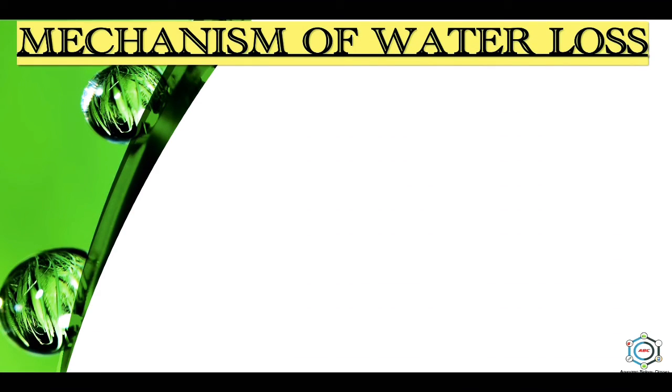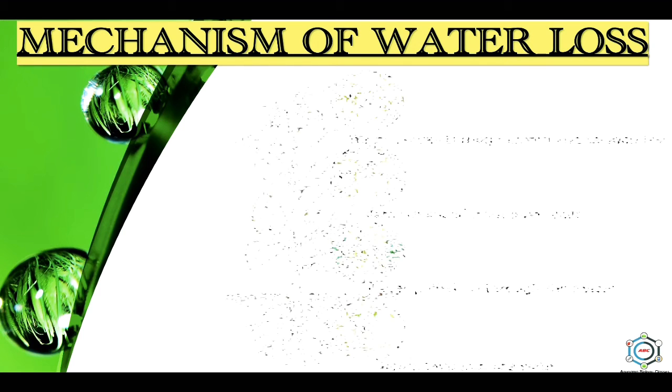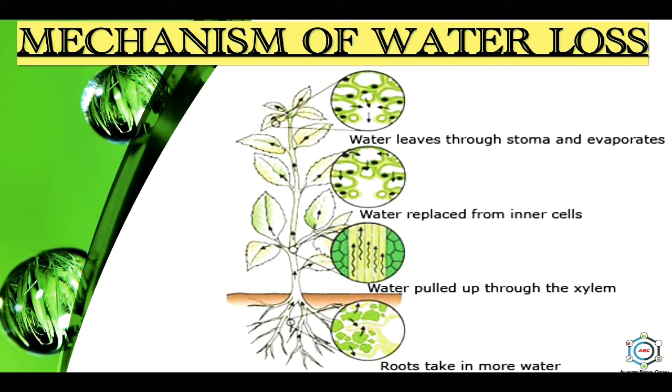After this, mechanism of water loss. If we talk about the mechanism of water loss, the leaves absorb visible, that is light, and invisible, that is infrared radiations from their surroundings during the daytime. At night, they absorb heat from the surrounding air.